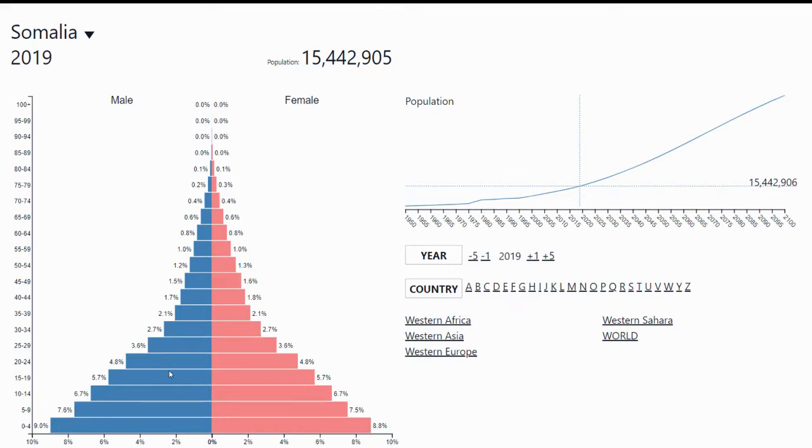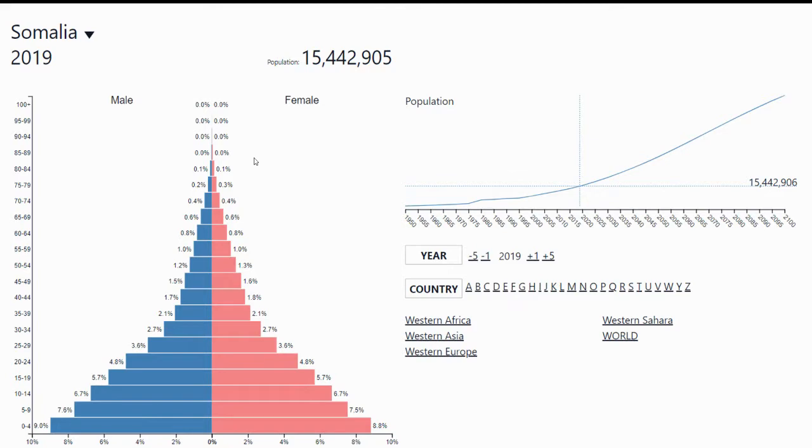The reason for this is if healthcare is not that great, then people don't live to a particularly long age. If education's not that great, then that generally correlates to people having lots of children.